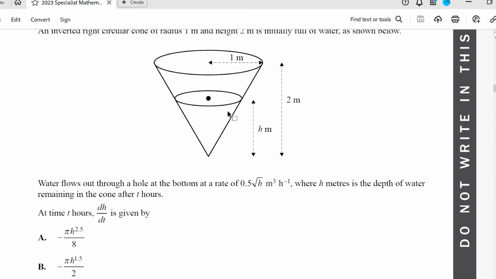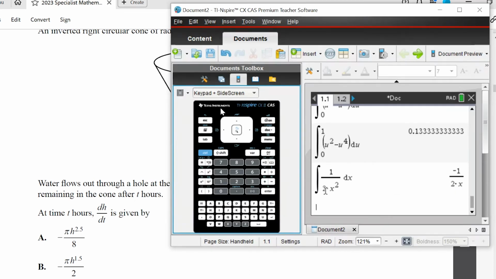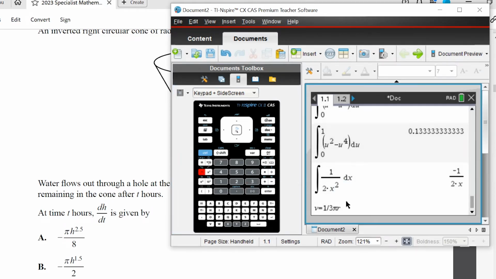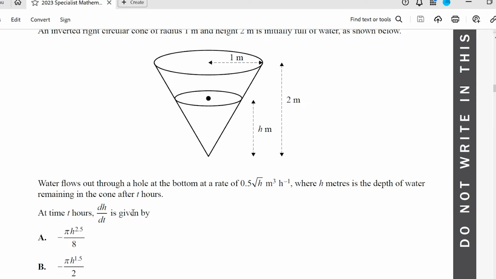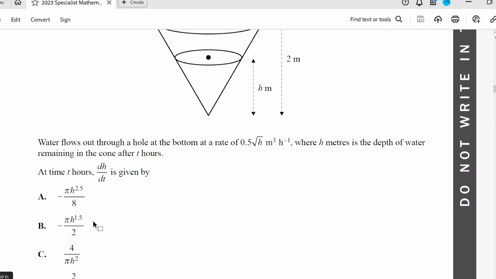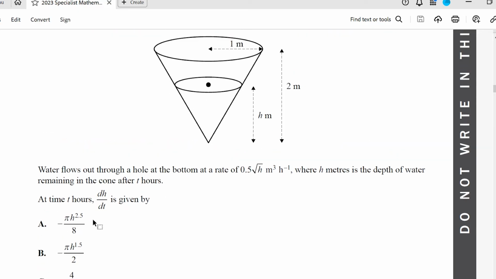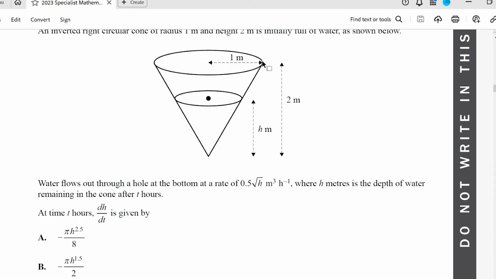Okay, so given that this is a cone, I know V is equal to 1/3 times pi r squared h. I want this in terms of h because all my answers are in terms of h. And I know that r and h are in a relationship where the height is double the radius.